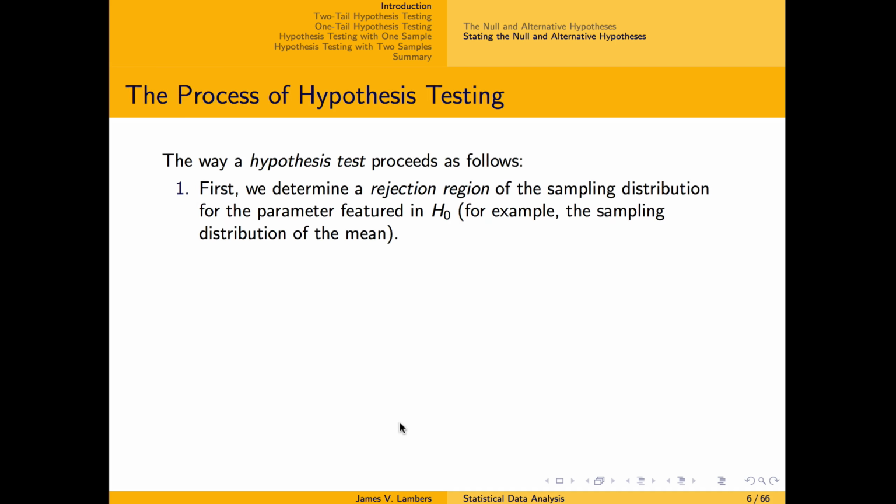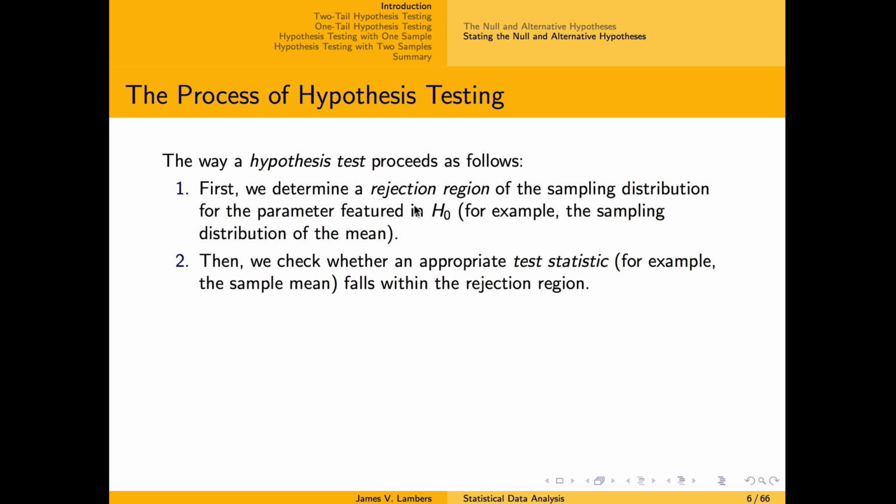Once the hypotheses H0 and H1 have been stated, what we need to do in order to test these hypotheses is construct a confidence interval within the sampling distribution for the parameter we are testing. For example, if we are testing the mean, then our confidence interval is constructed within the sampling distribution of a mean. The exterior of this confidence interval is called the rejection region for H0.